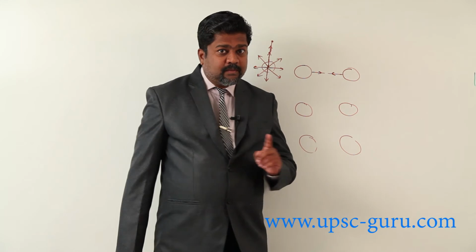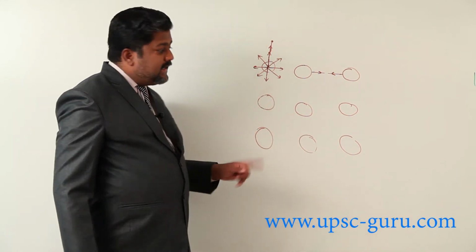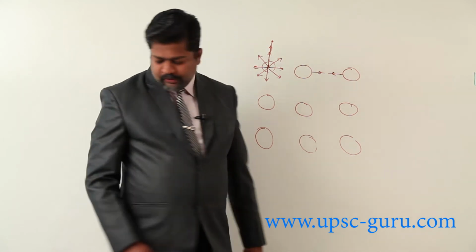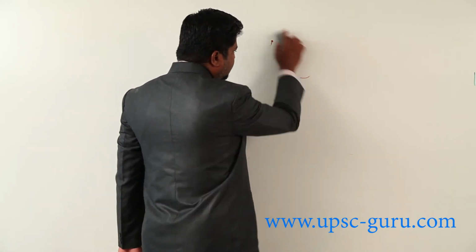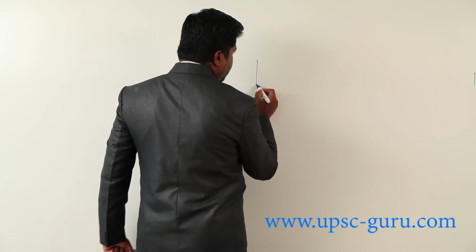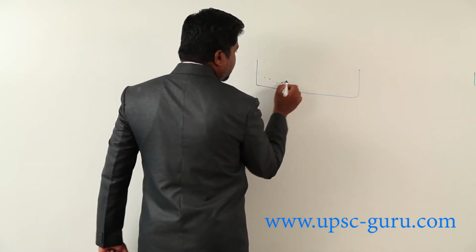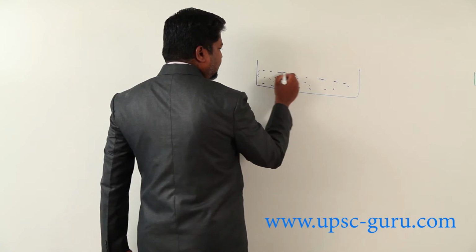Now this motion is vibratory motion, in the case of a molecule. Now I am removing this structure and showing a different structure here. This is a container, and it is filled with many molecules.